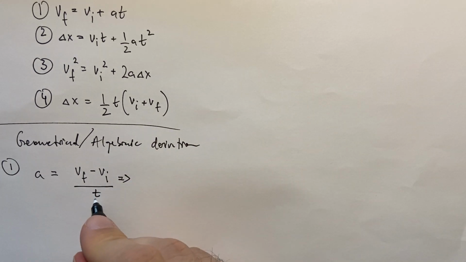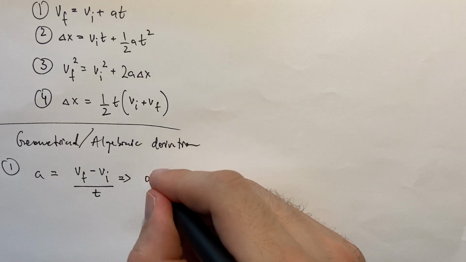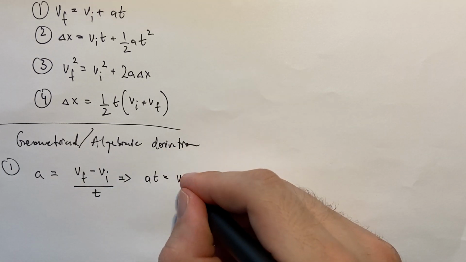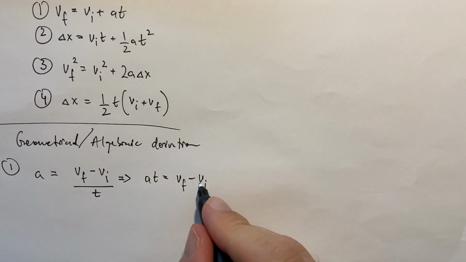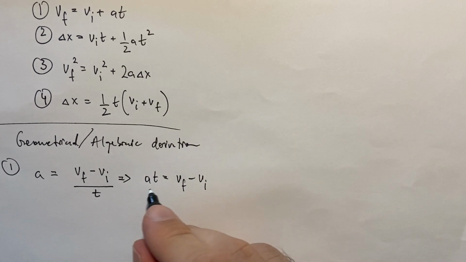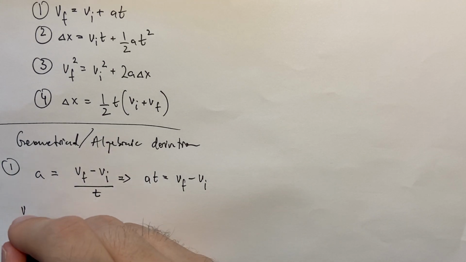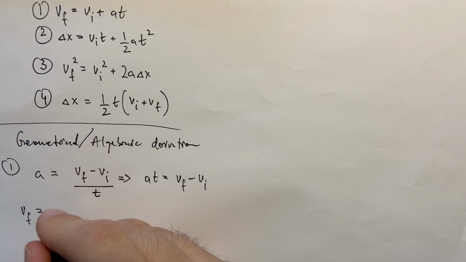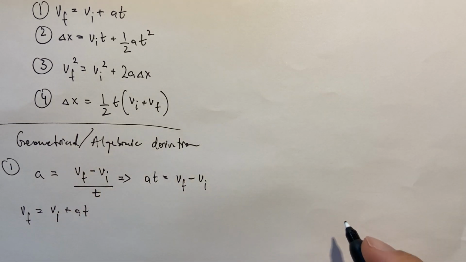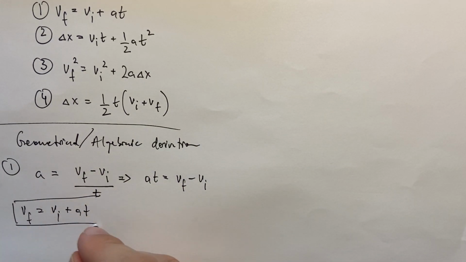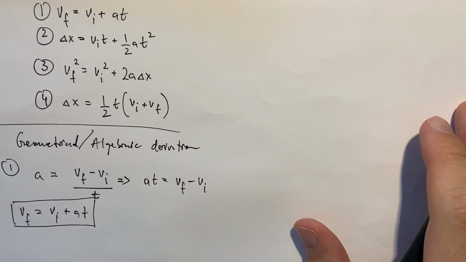This gives us, if we multiply both sides with t, at equals vf minus vi, which in turn, if we add vi to both sides, equals vf is vi plus at. And that's the first equation of motion derived.